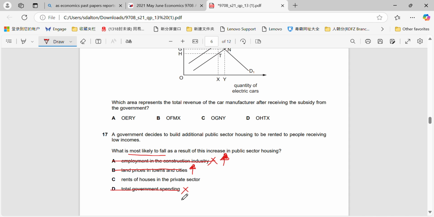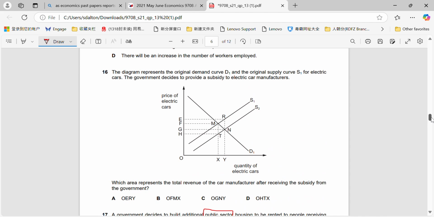It will rise again, because we've just been told the government is spending on building public sector housing. The rents of the houses in the private sector, they will fall. And that's because what will people do? They will move to rent from houses in the public sector instead, which will decrease the demand for houses in the private sector to be rented, not necessarily to buy though.